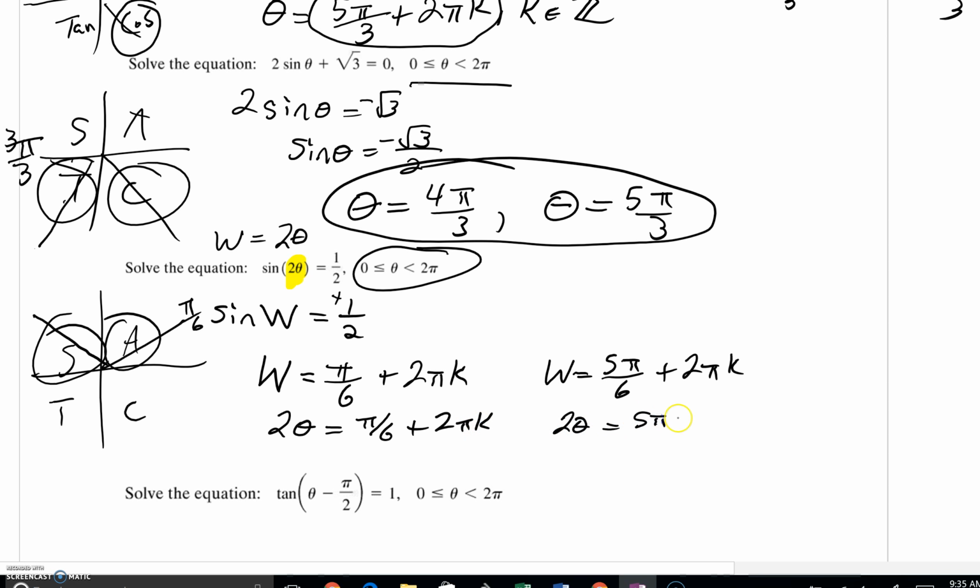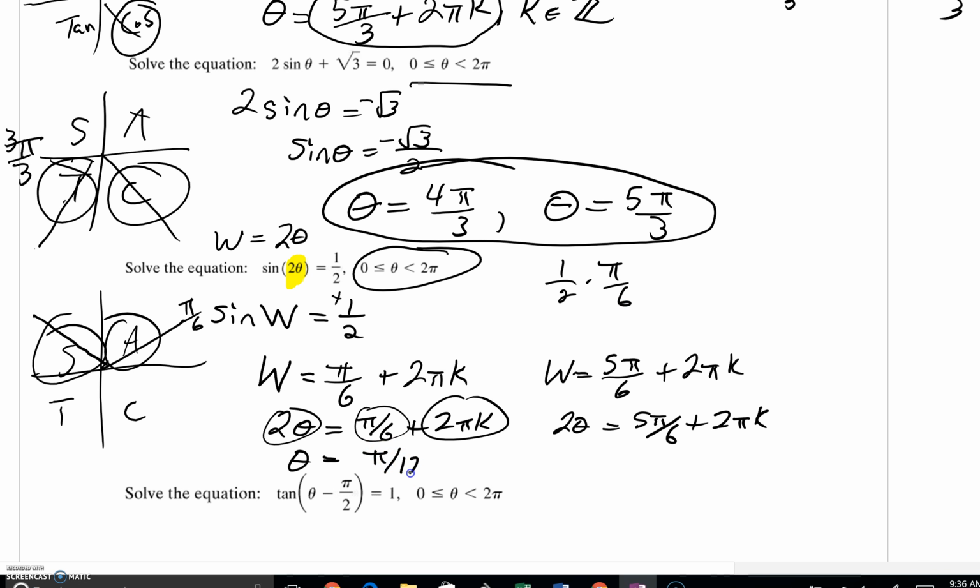Now, what I want to tell you is that solving for theta means take half of everything here. When you're taking half of pi over 6, what's half of pi over 6? Dividing it by 2, you'd get pi over 12. Plus, now wait a minute, you take half of the 2 pi k and you're at 1 pi k.